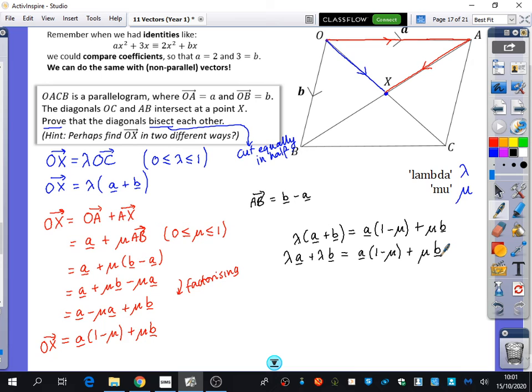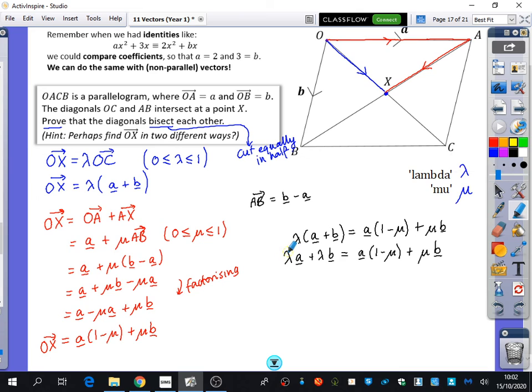And this is where we will go back to the idea of the second thing in this title. What does the second thing say? We said introducing scalars and comparing coefficients. So I am now going to compare the A coefficient, and then I'm going to compare the B coefficient, and they must be the same as each other.